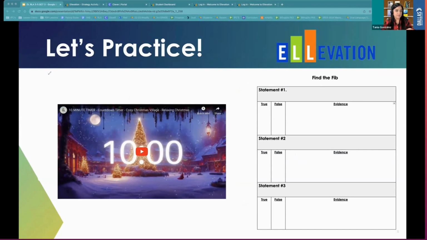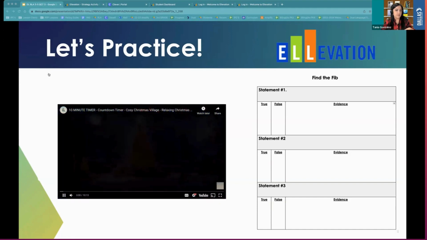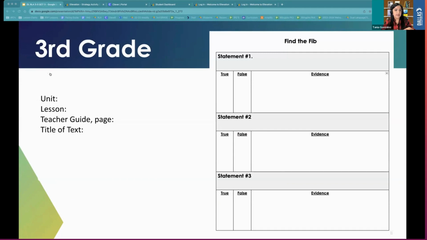For example, the next slide has the third grade information. On the third grade slide, you're going to put the unit you're going to use, the lesson, the page or pages that have the lesson in which you can use this activity, and the title of the text that you want to use for this engagement strategy.